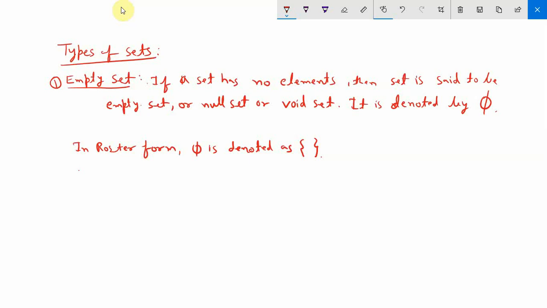from the definition we conclude that a set is an empty set if the statement x is an element of A is not true for any x.